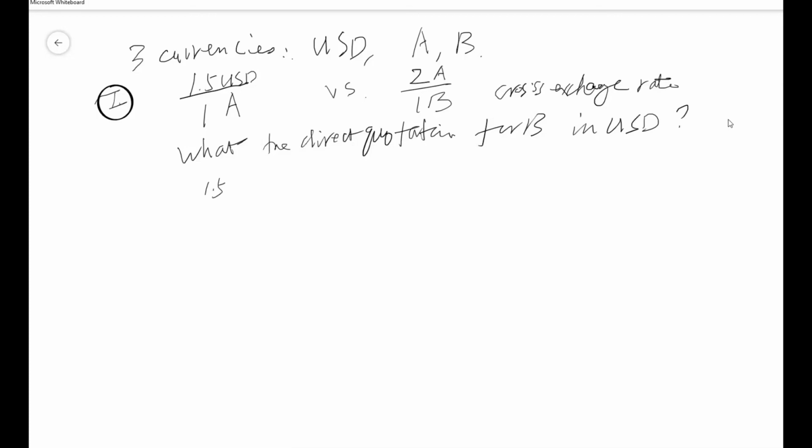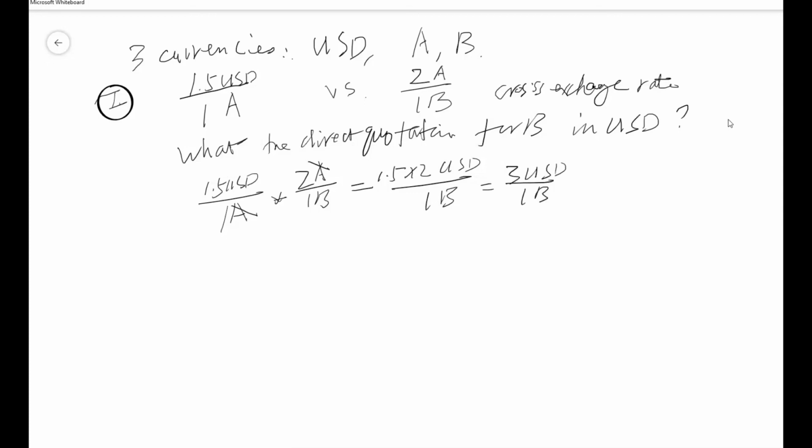So this is 1.5 USD for 1A, and we times the cross exchange rate, 2A divided by 1B. The A cancels. So it is 1.5 times 2 USD divided by 1B, which is 3 USD for 1B. This is our direct quote in terms of US dollars for 1 unit of foreign currency B.